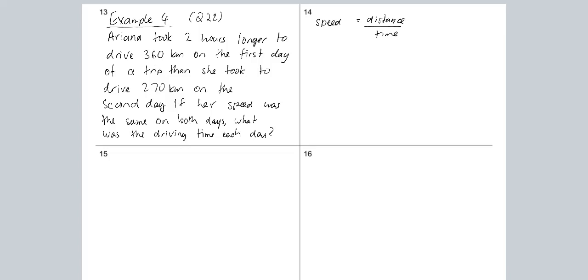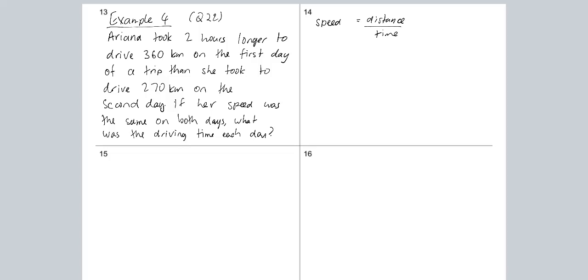Time times speed, or time is equal to... Charlie? Not quite. Swap it in your head. Maddie? Distance over speed. So you'll be given one of those combinations in the test, and you'll be expected to be able to manipulate the speed equals distance over time equation and then substitute stuff in. But let's see how to do this one. This one's a bit more straightforward.